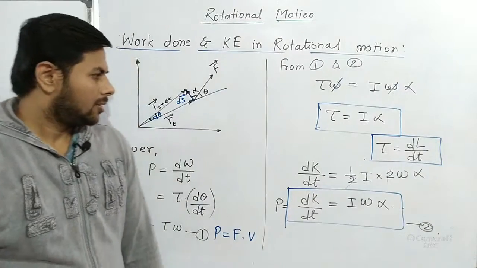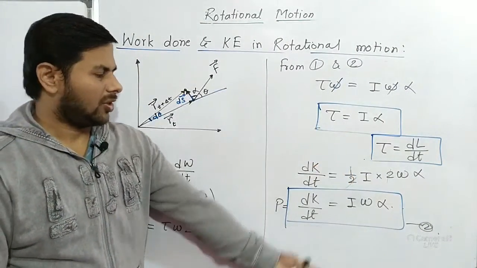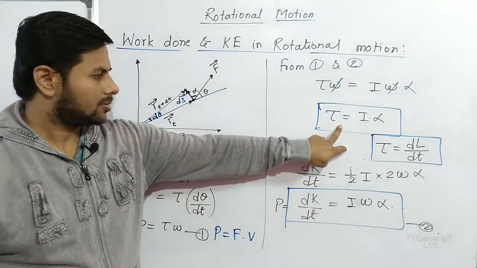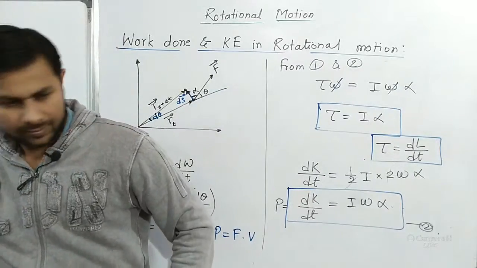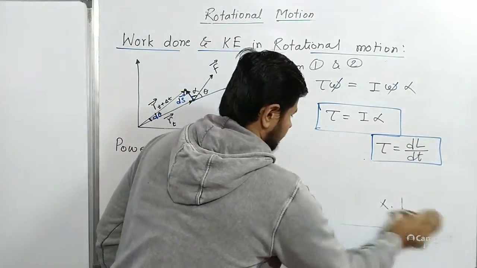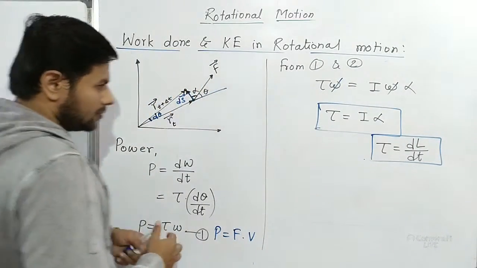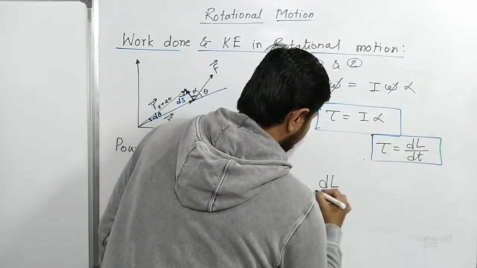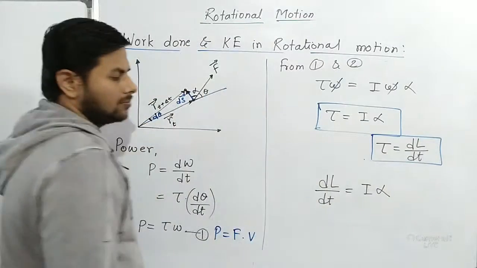And now, if you like, you can compare these two formulae. So I can write that dL by dt equals I times alpha.